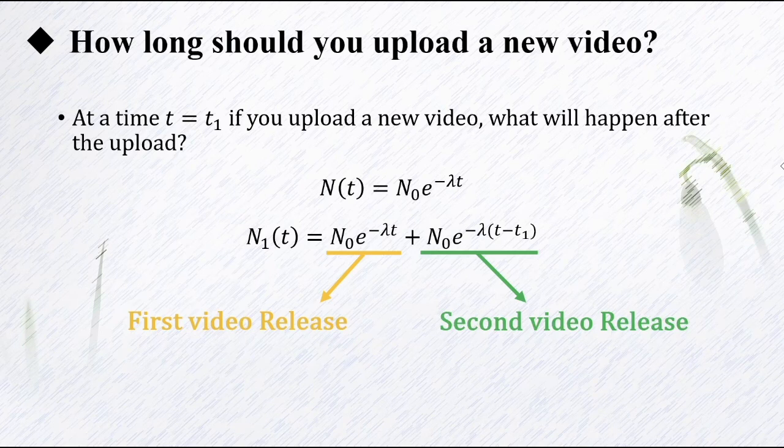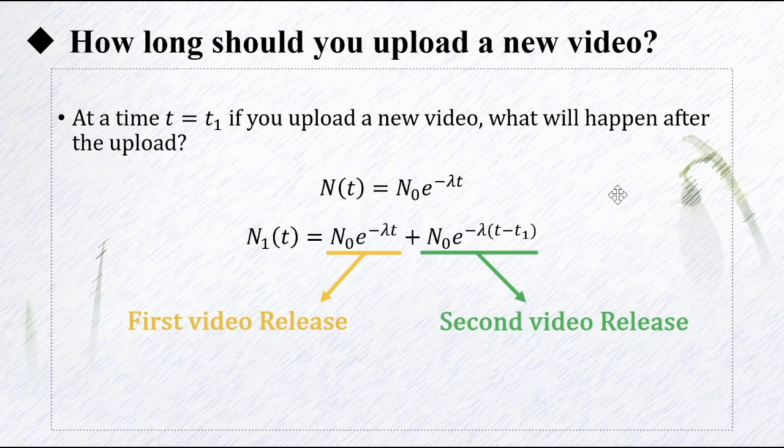Next, let's consider the strategy behind when to upload a new video. Suppose at time t equals t1, you decide to release a second video. Before that point, attention is decaying from the first video as in the first formula on this page.